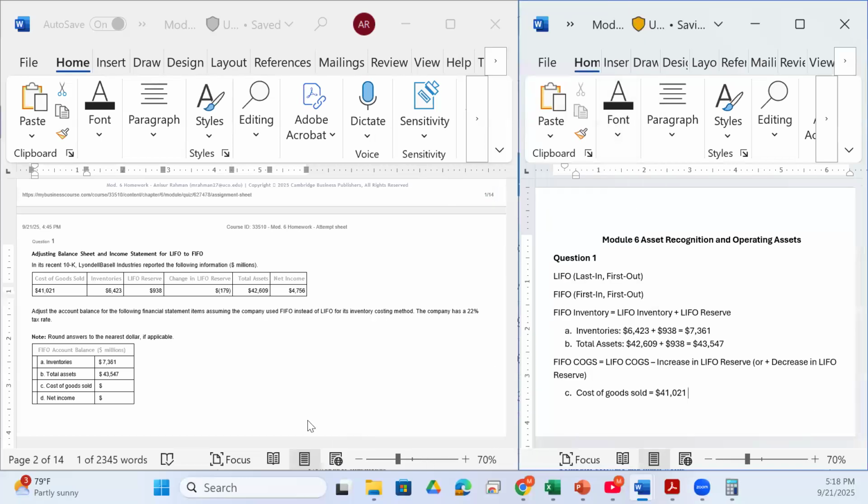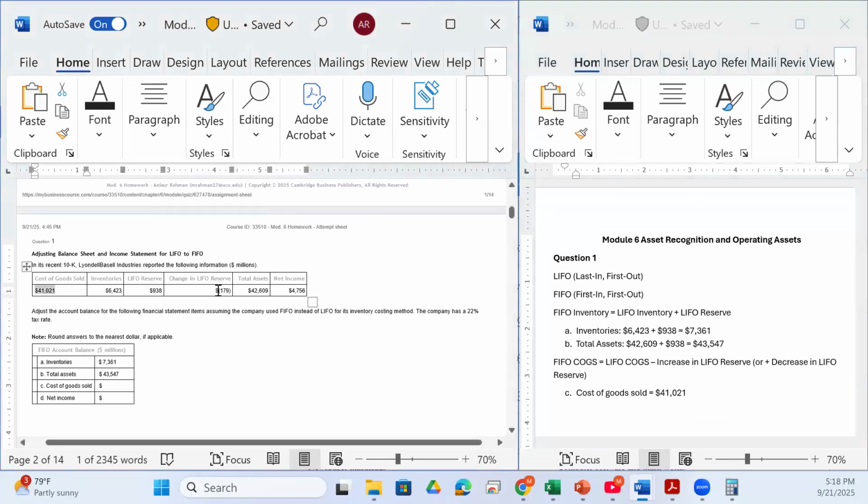And then let's see what happened in case of LIFO reserve. We had a decrease in LIFO reserve, right?